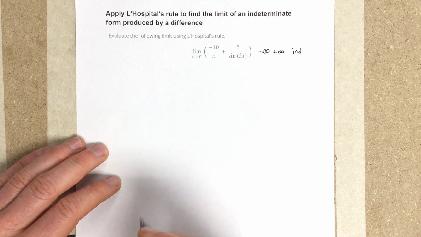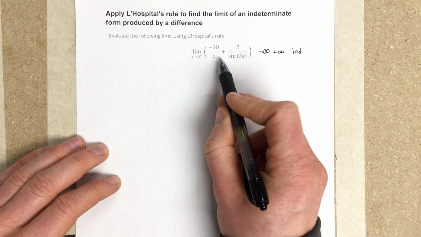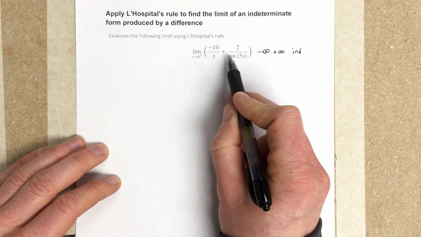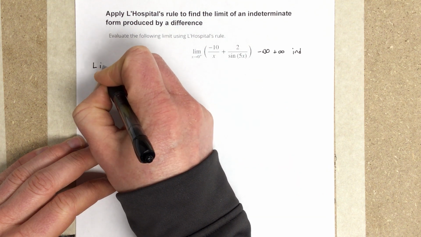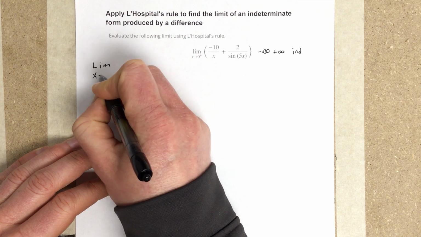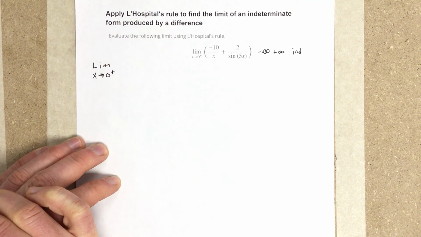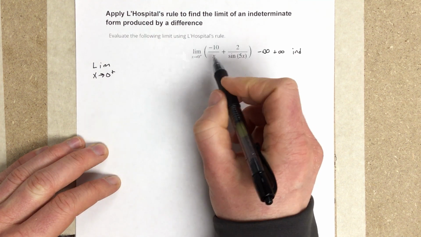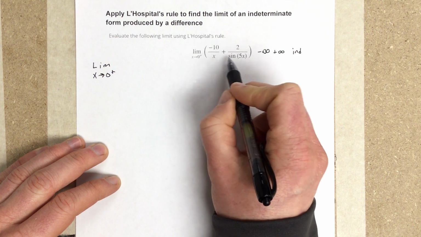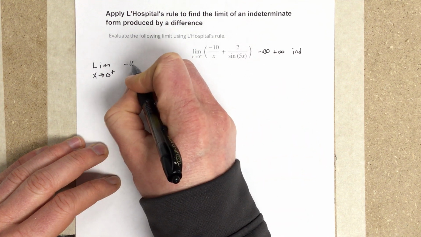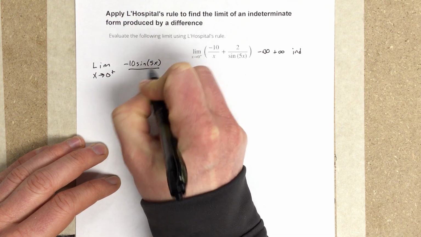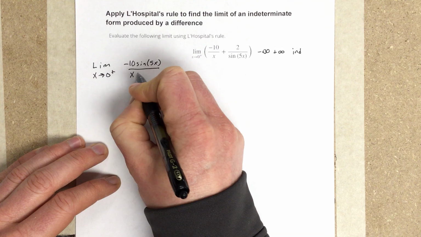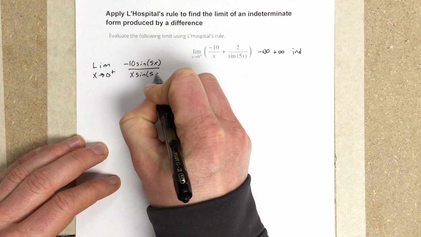So I need to use L'Hopital's rule, and to use L'Hopital's rule, I'm going to add these together with a common denominator. So I'm going to say limit as x approaches 0 from the right, and then I'm going to multiply this fraction by sine 5x, so I get negative 10 sine 5x over x sine 5x.